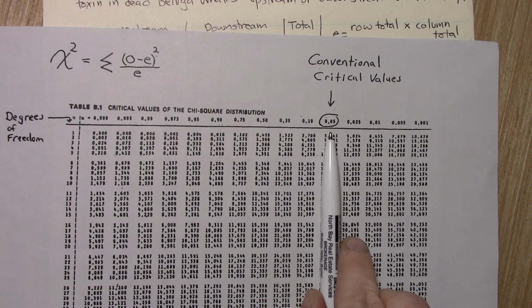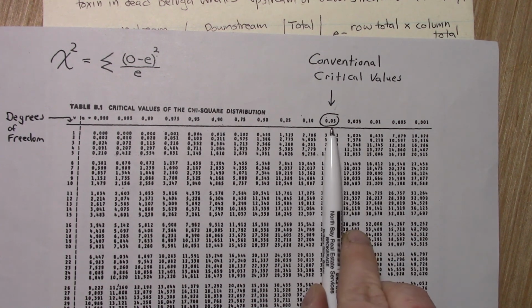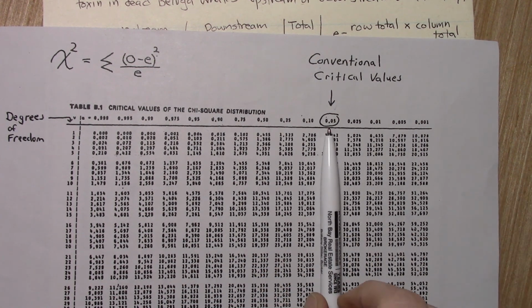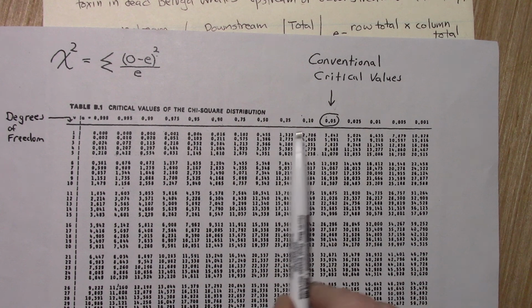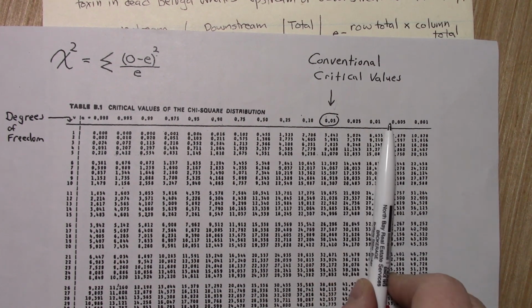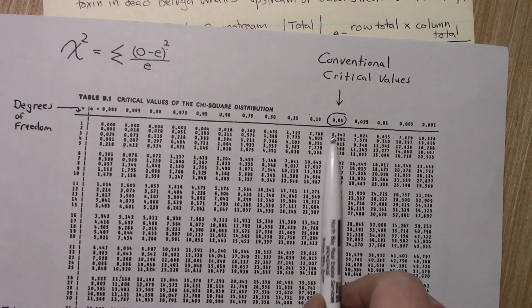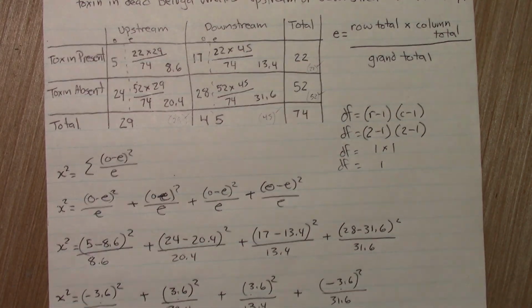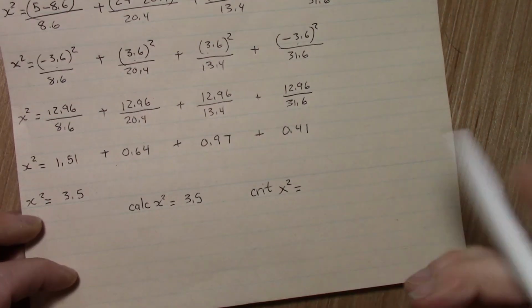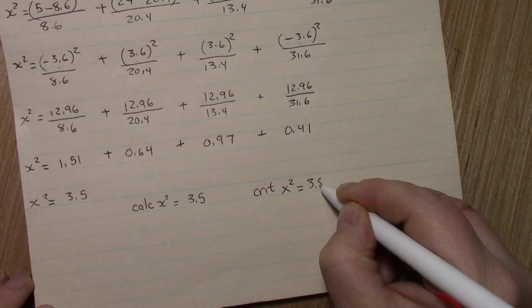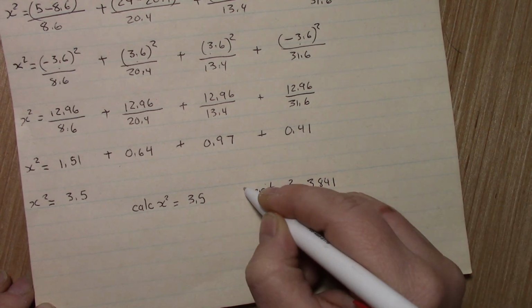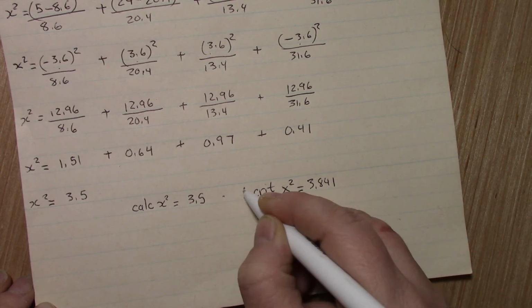If our calculated value is greater than this, we reject it. It's beyond what is acceptable by most scientists. 0.05 is our cutoff line. If our calculated is less than, we accept it. Greater than, we reject. So we're going to put that number, 3.841, into... So 3.8 is bigger than 3.5.